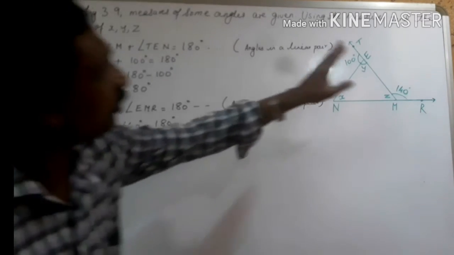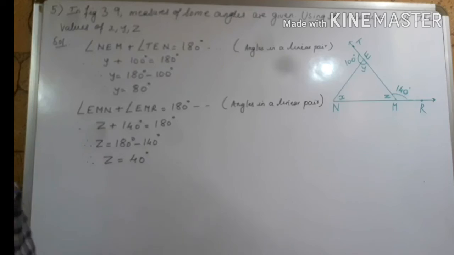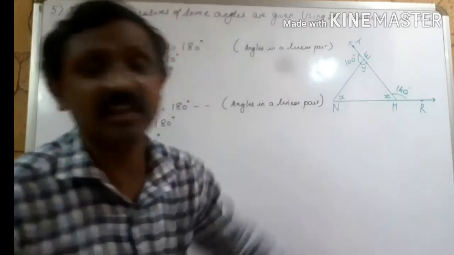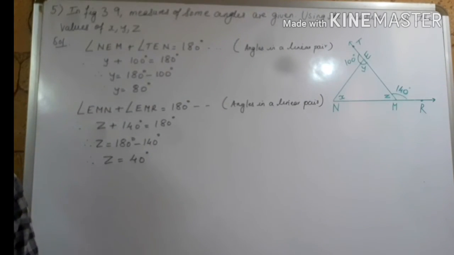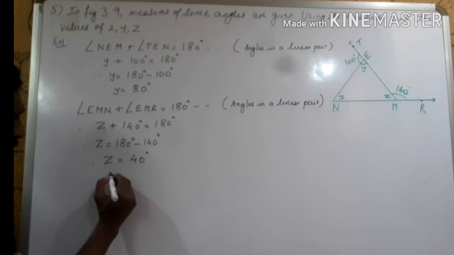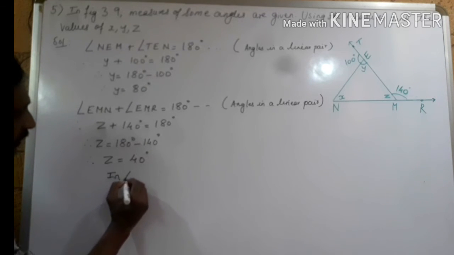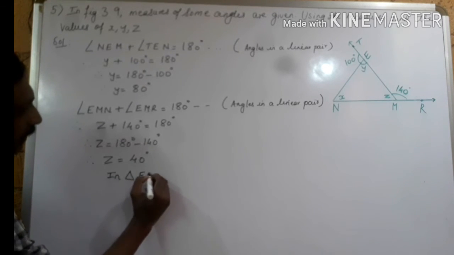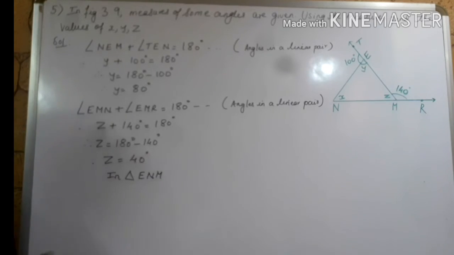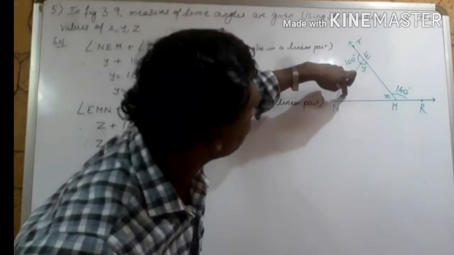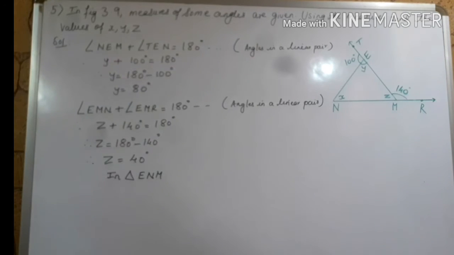Now I got the value of y, I got the value of z. Now let us consider this triangle. In triangle ENM, angle E plus angle N plus angle M is equal to 180 degrees.